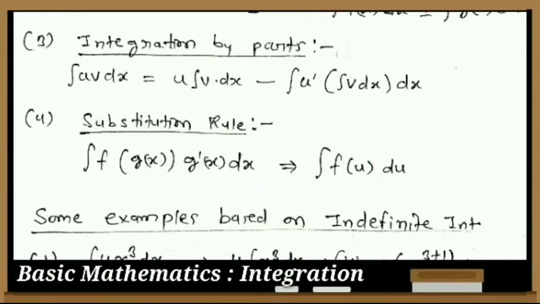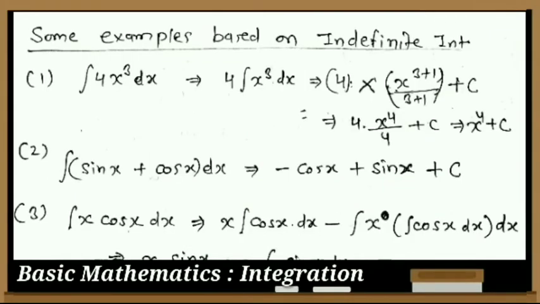Our first example is integration of 4x raised to the power 3 dx. As you can see here, this example is based on the constant multiple rule. Here 4 is the constant and x raised to the power 3 is the function. So to solve this we have to take 4 outside the integration, and we only integrate x raised to the power 3.